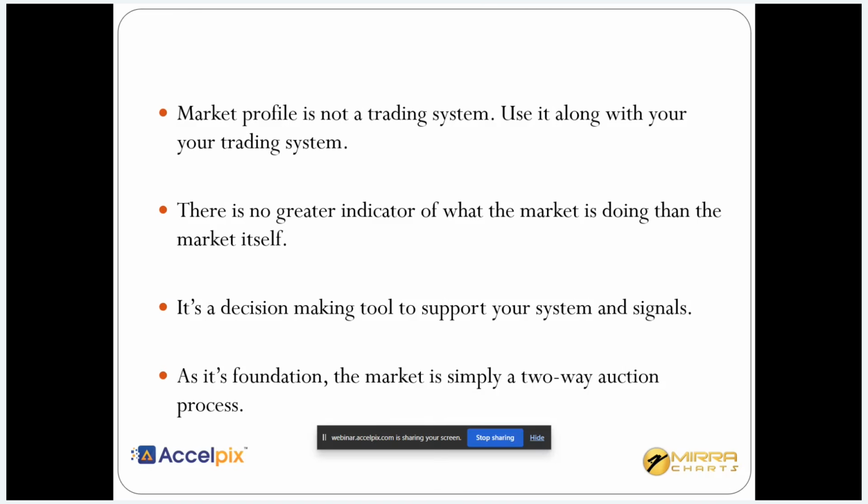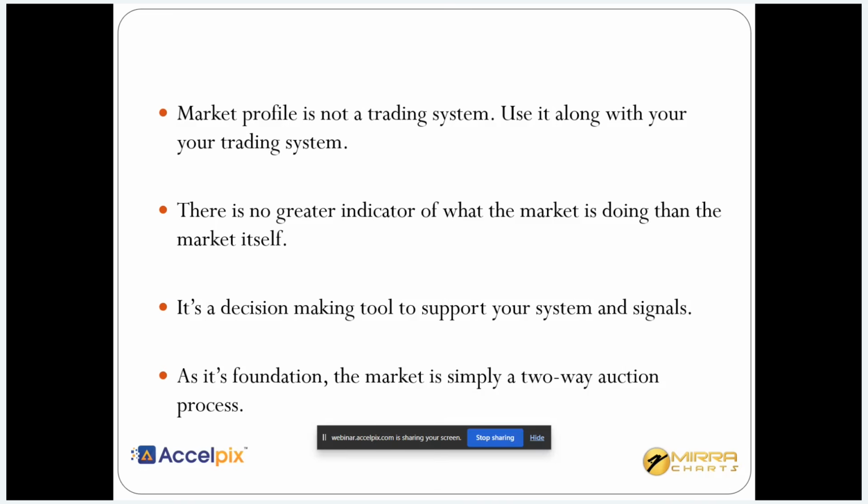Even to my option writing friends, I used to say, when you use market profile along with your existing process, you will have a super edge in option writing. So market profile will give you a serious edge if you combine it with your existing trading system.